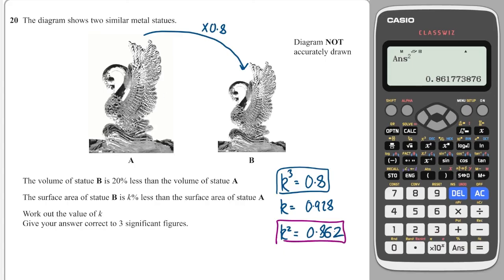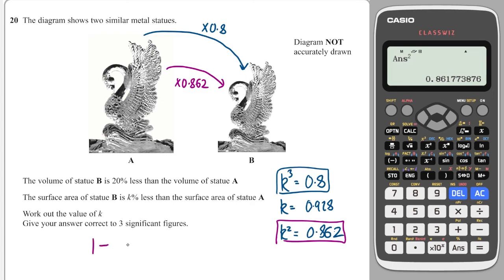So obviously the area of A was still going to be bigger. So to get the area of B, I would multiply it by 0.862. So how much less is that? Well, it's 86% basically. So how much less is it from 100?